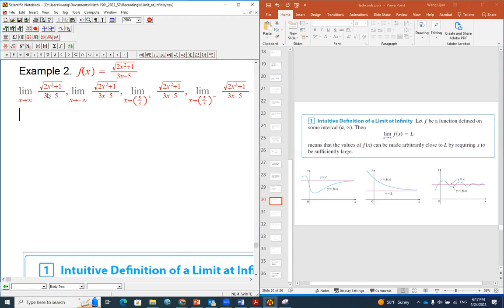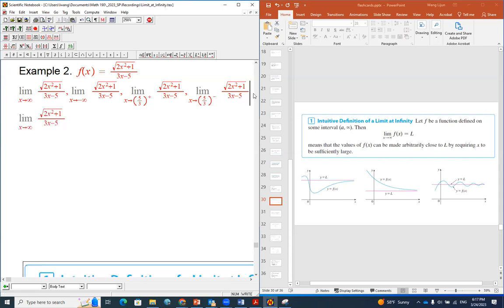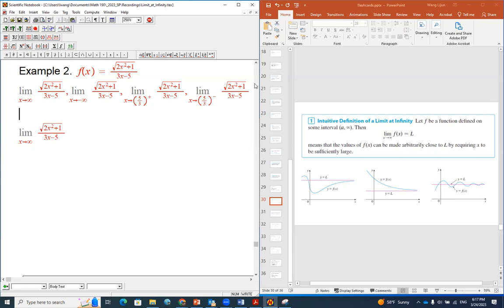So let's get started with this piece. Okay, the first one. To find this limit, the algebraic part is that, as x approaches infinity, there's an interval large enough.